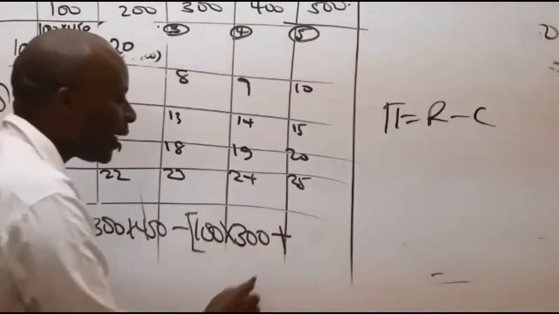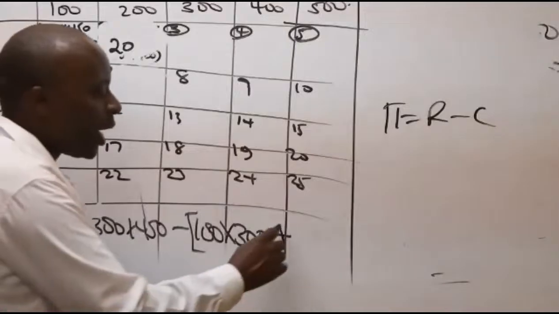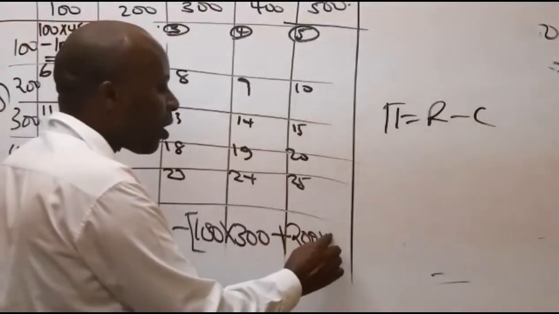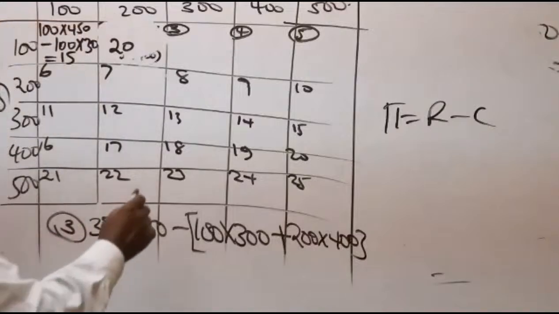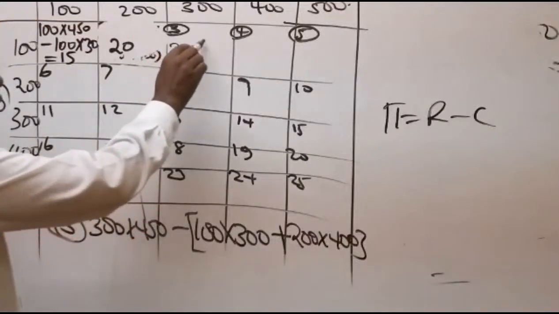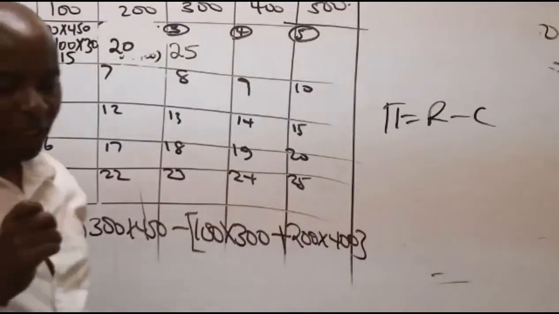Plus, we've got this other excess. You can see in total we want to sell 200, so that has to be at a higher cost, which is 400. And I can see somebody telling me, Mwalimu, your answer will be 25. Thank you very much. I can see students now who are really following.